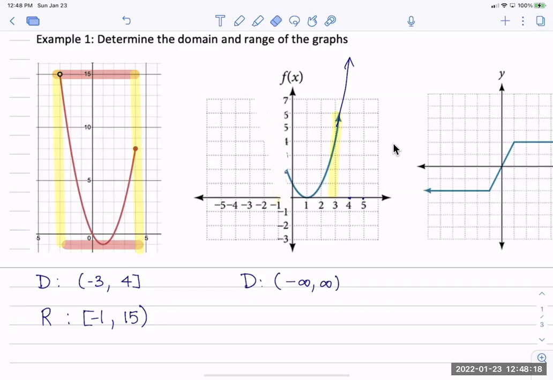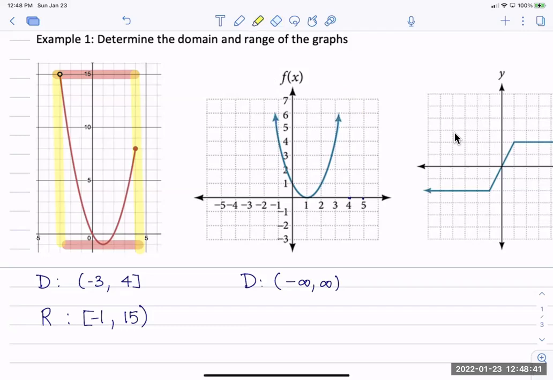Okay, how about the range? Same thing, I cannot draw a line like here. Okay, the highest point, I can't find one, because this indicates the graph is going to keep going. So there is no highest point on the curve. But do I have a lowest?